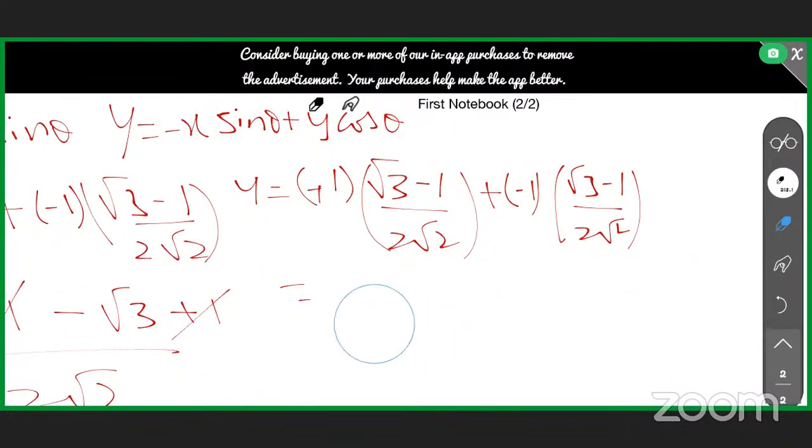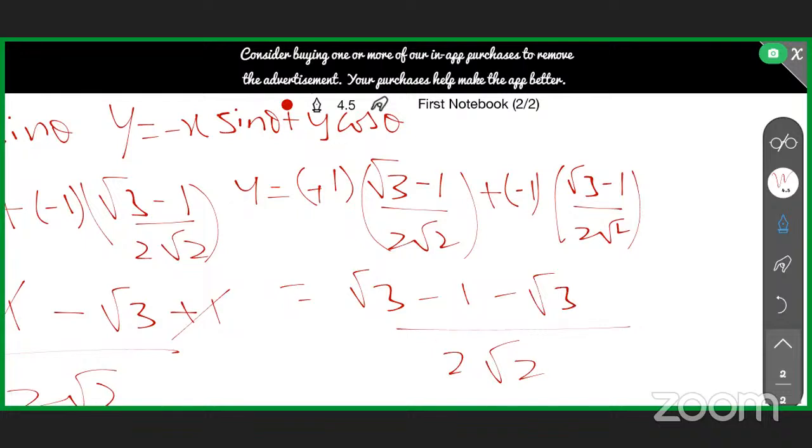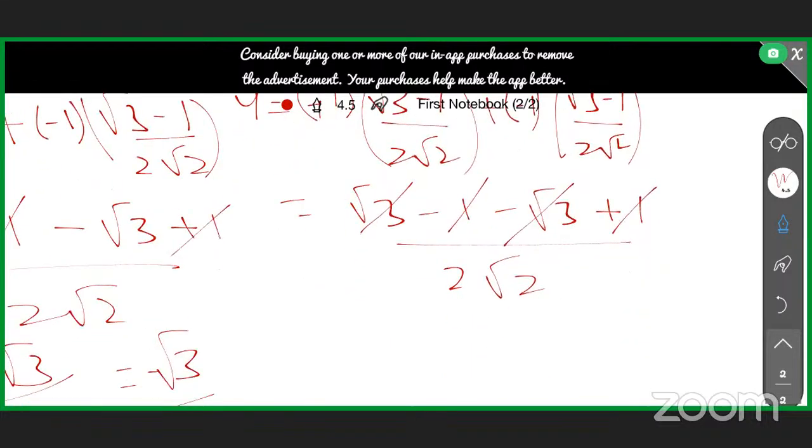So this is what we are discussing. Minus x will become plus 1. So that will become root 3 minus 1 by 2 root 2. This will become minus root 3, root 3 minus 1. This will become minus root 3 plus 1. So this one cancels, this one cancels. The left out is, cos 15 formula, root 3 plus 1.